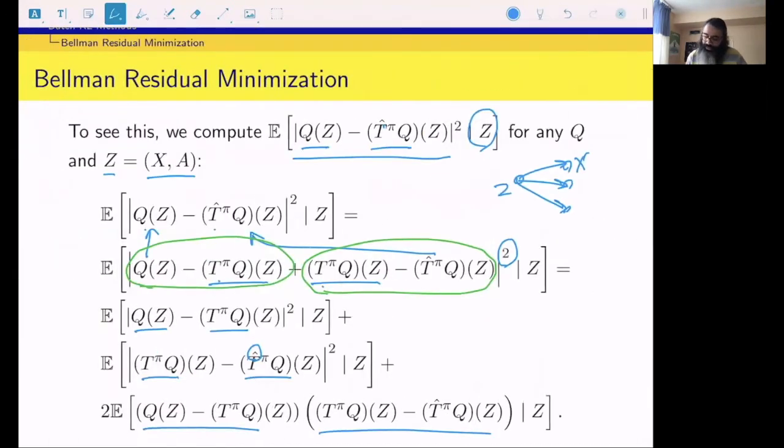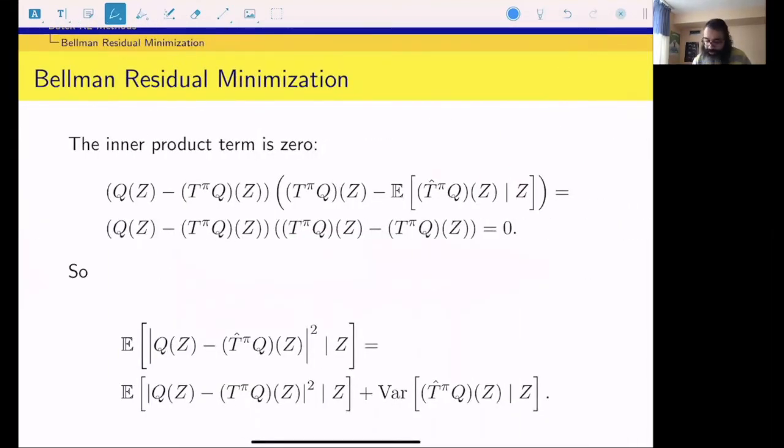We can argue as before that the inner product is 0. The reason is that we can compute these things conditioned on Z. The things that are functions of Z, where there is no randomness, can be computed deterministically and come out of the expectation.